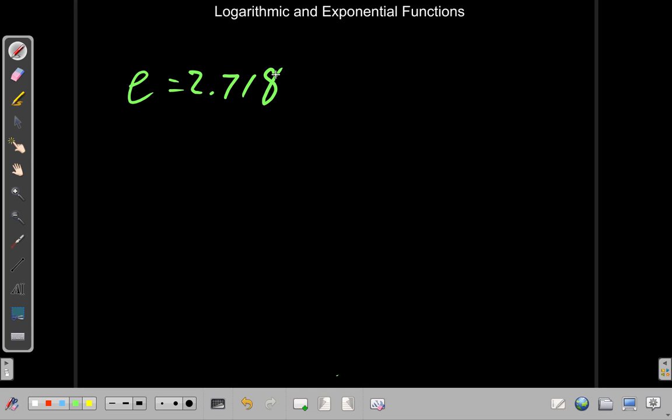And the shorter the time is, the greater the number of individual interest calculations, and the closer the value gets to 2.718. Right?